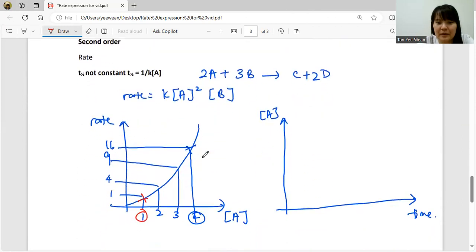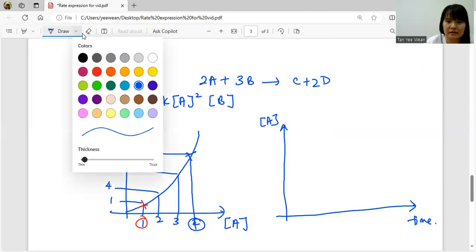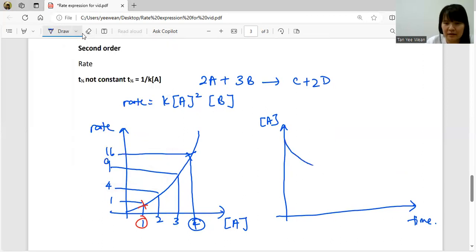It's going to look similar, except that the half-life is not constant. I think I'll redraw that.